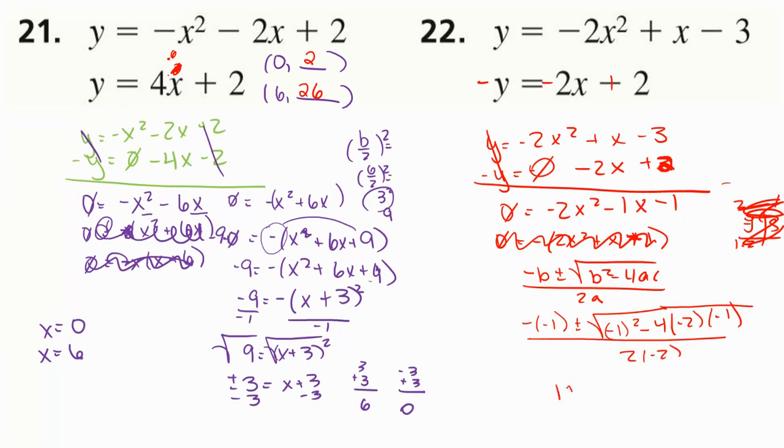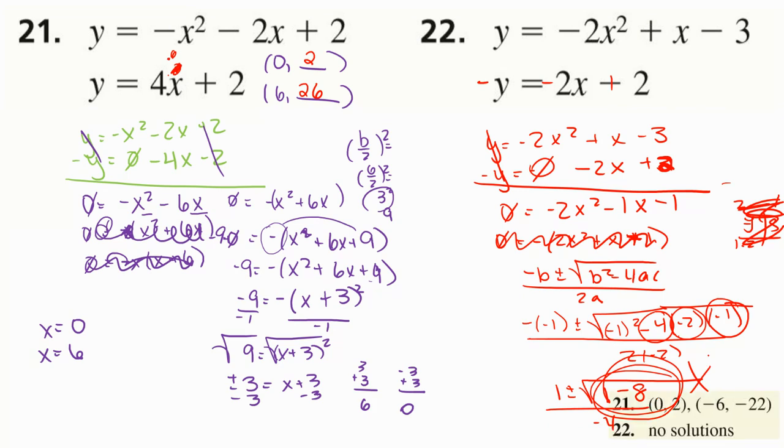So this is a 1 plus or minus. Negative 1 squared is positive 1. And then we have negative 4 times negative 2, which is a positive 8, times a negative 1, which gives you a negative 8. And I can pretty much stop right there because this is going to give me a negative number, which I can't do right now. So that means it's going to be no solutions.